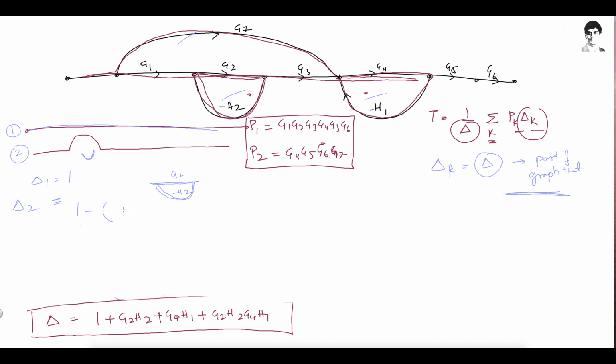Delta is 1 minus sum of gains of all loops. Okay. There is only one loop. So this value is simply going to be 1 minus G2 H2, so this is going to be 1 plus G2 H2. This is your delta 2.